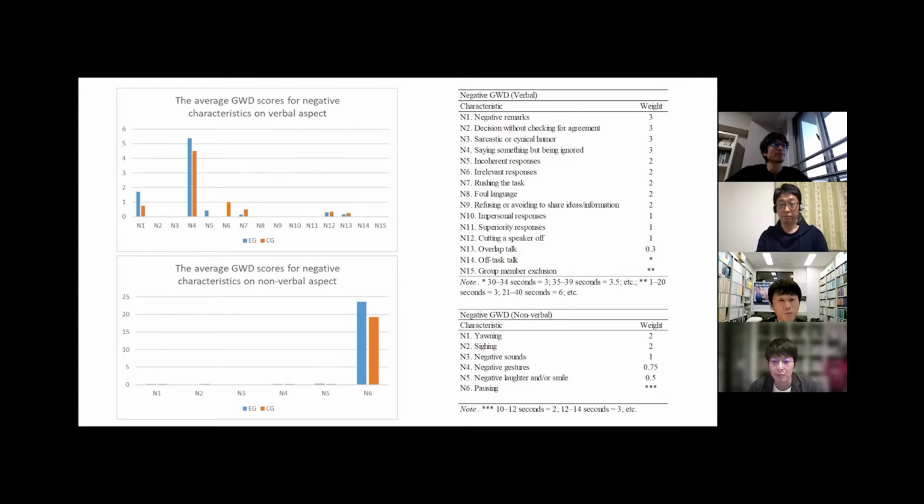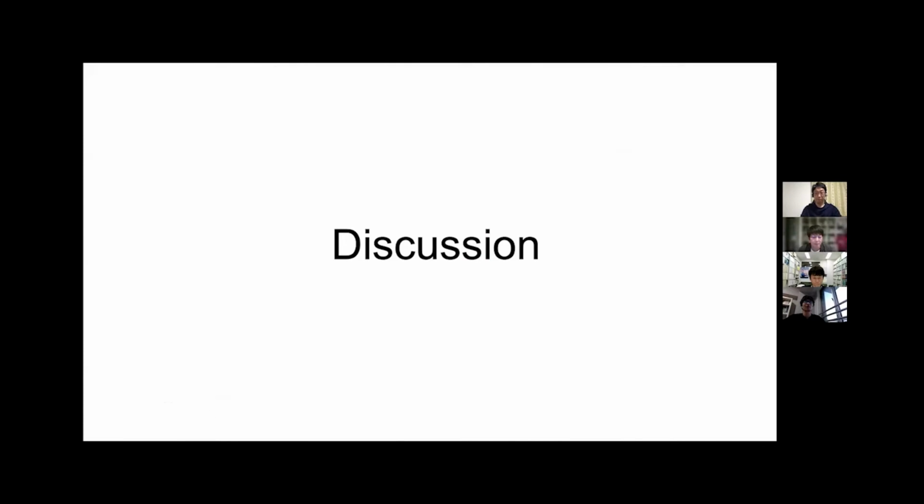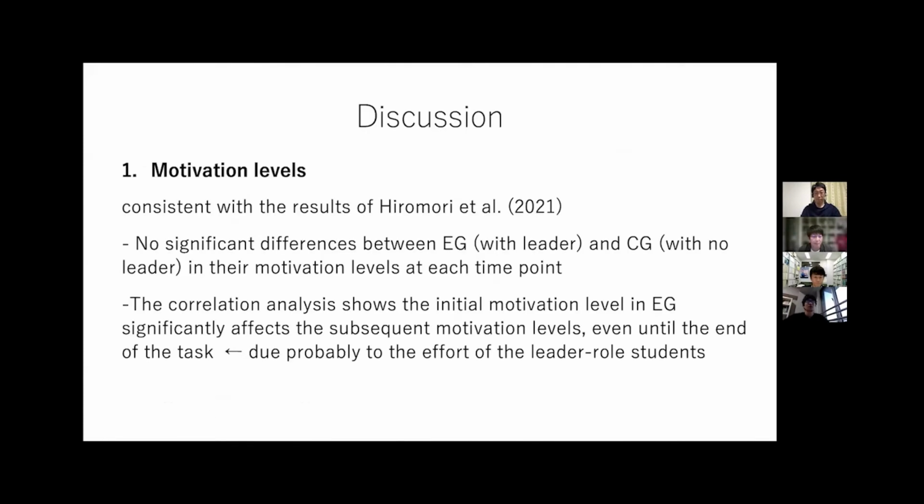So now we will move on to the discussion part. Okay, discussion section. Our first research question is about time series changes in motivation with or without assigned leaders. The results are basically consistent with those of our previous study.